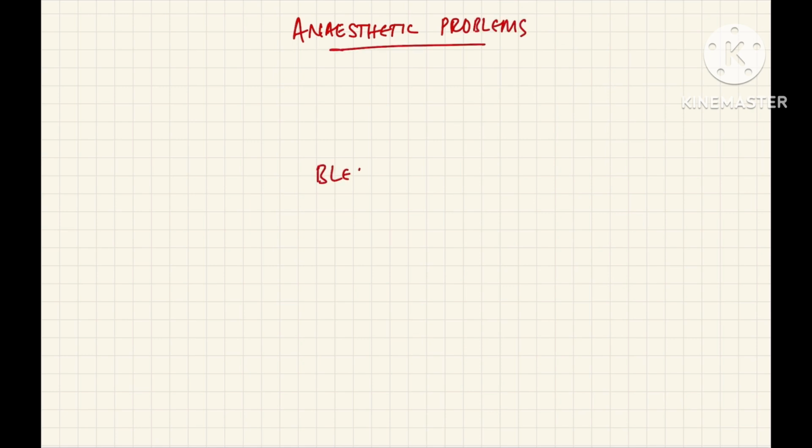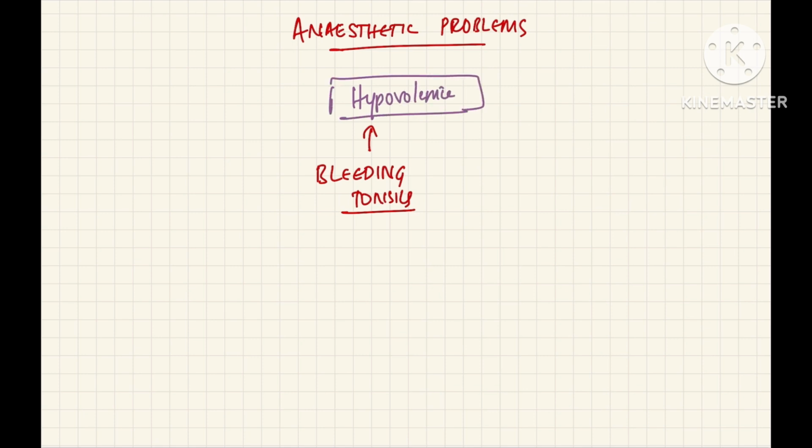In bleeding tonsil, the most common problem we face is hypovolemia. This hypovolemia is due to swallowing of blood. There will be slow ooze of blood which the patient swallows, and it will take a long time for us to identify that there is a bleeding tonsil.